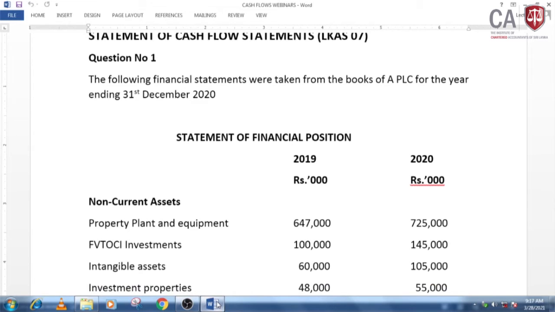The following financial statements were taken from the books of APLC for the year ending 31st December 2020 along with its comparative figures. First we are given the comparatives and then the current, that is all right.